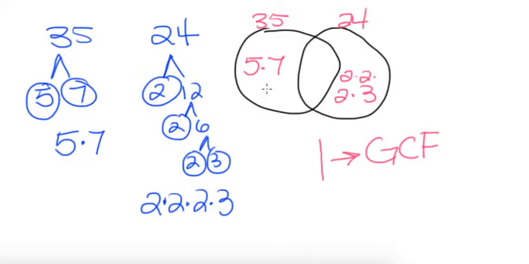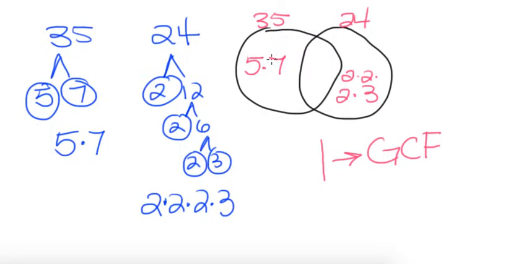Now, what does this tell us about the LCM of these two numbers? Well, normally we would write things that the two numbers have in common here, so those things would only get used once. But in this case, to find the LCM, we have to multiply the numbers 5 times 7 times 2 times 2 times 2 times 3.